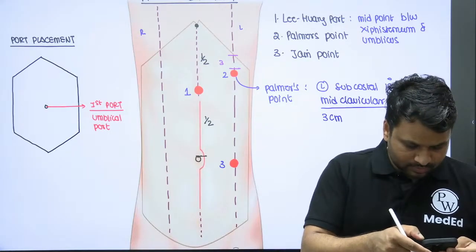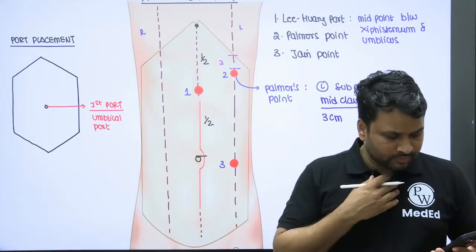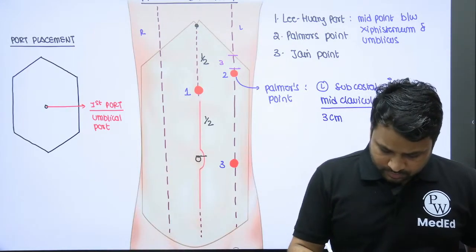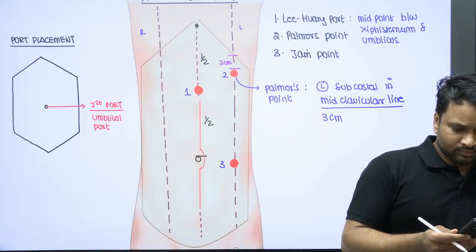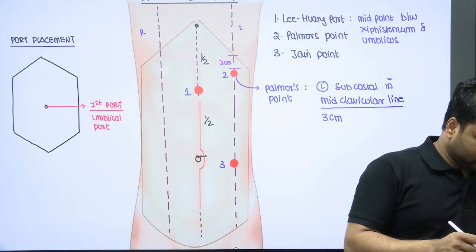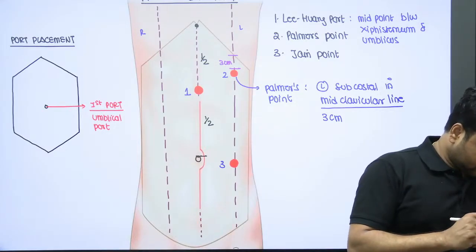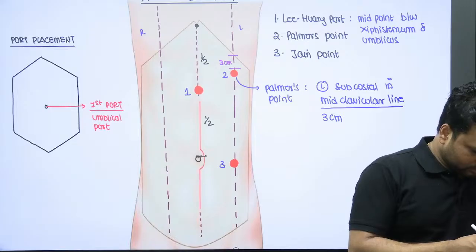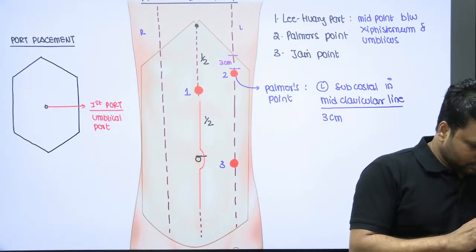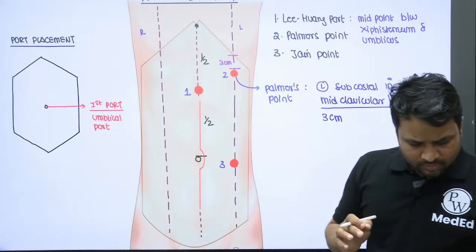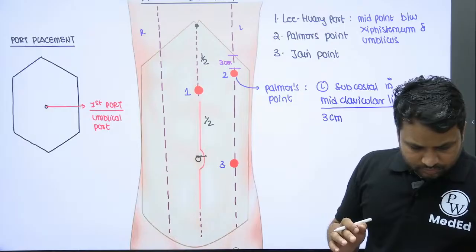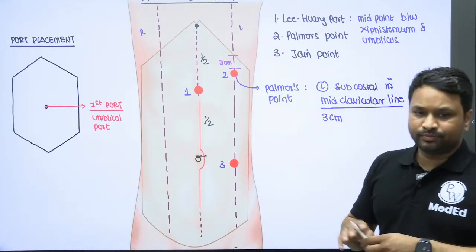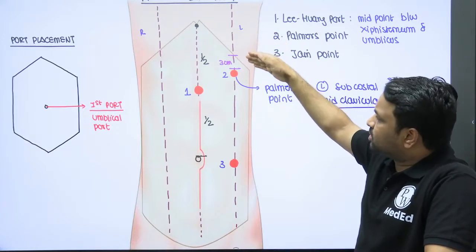Just give me 1 second, guys. All right. So Palmer's point is 3 centimeters below the left subcostal margin in the midclavicular line.